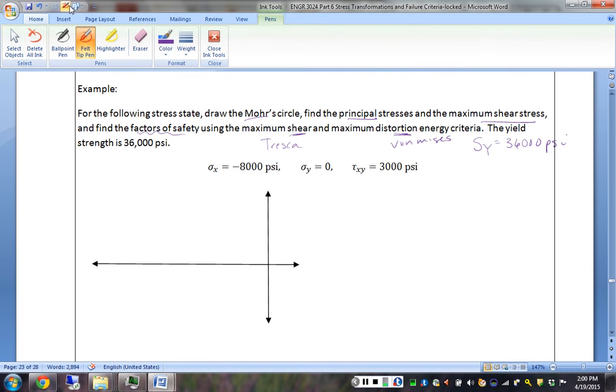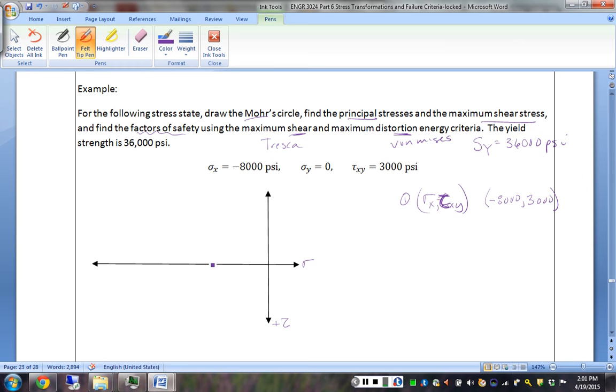So our first step is to plot our first point, which is sigma x, comma, tau xy. And remember, this is our sigma, and our shear is positive down, so that point is minus 8,000, comma 3,000.